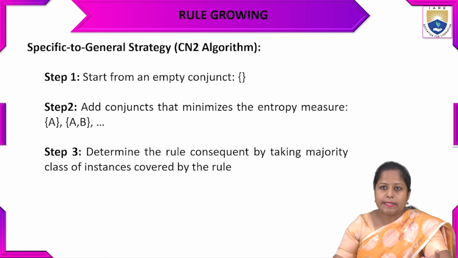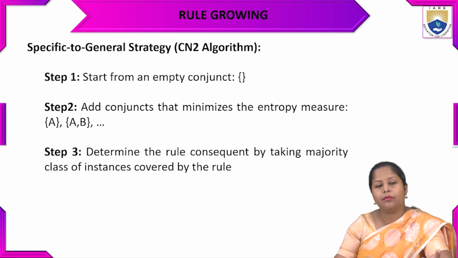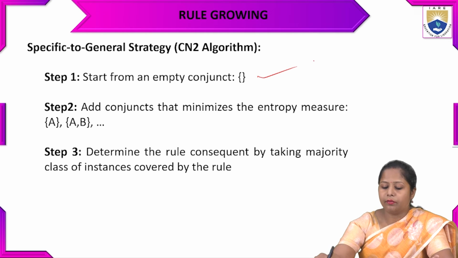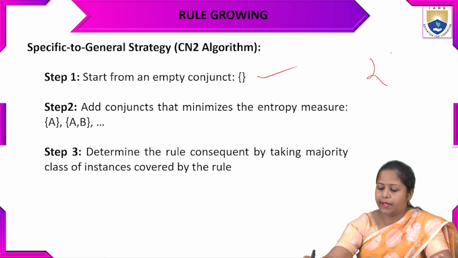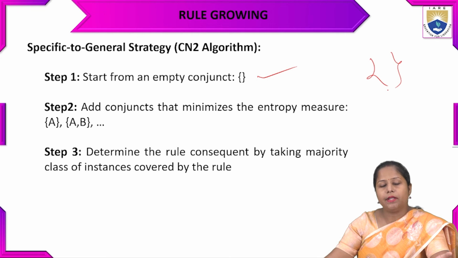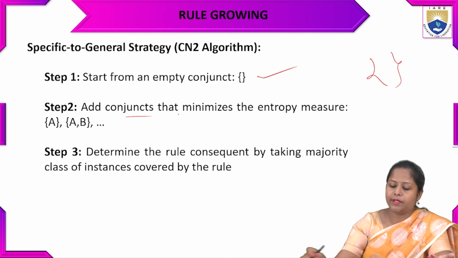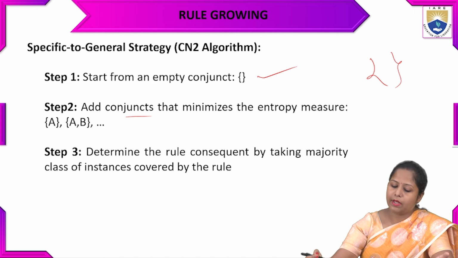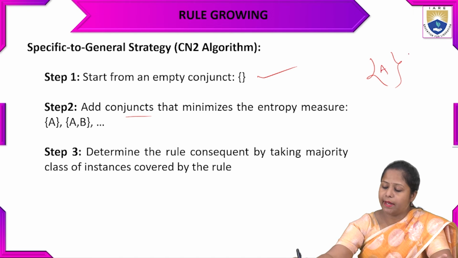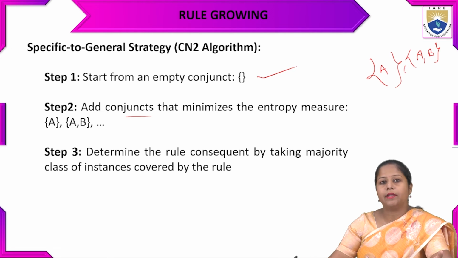Now for the CN2 algorithm, what will be the steps in that algorithm? The first step is to start from an empty conjunct, that is the empty rule. In the second step, we add conjuncts that minimize the entropy measure, like A, B, and so on.